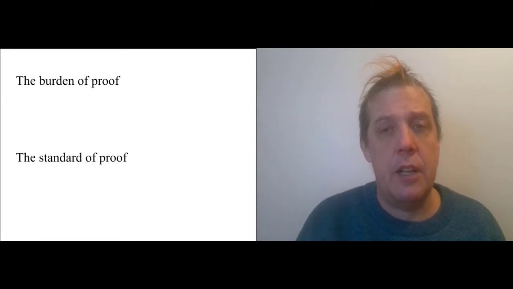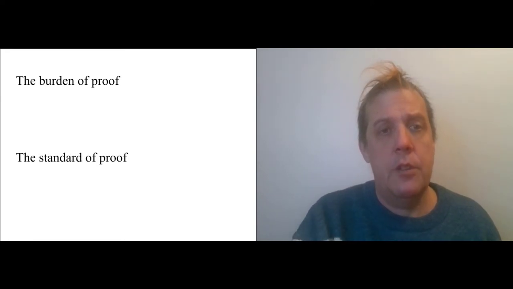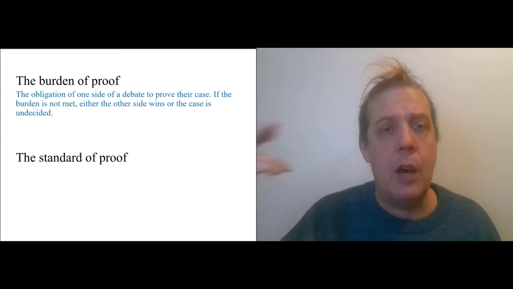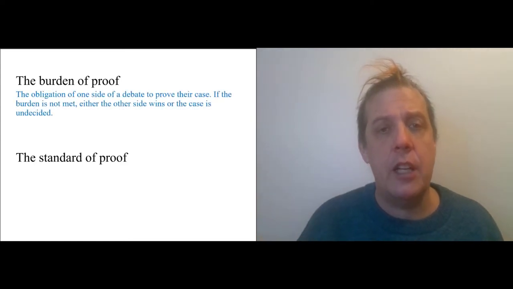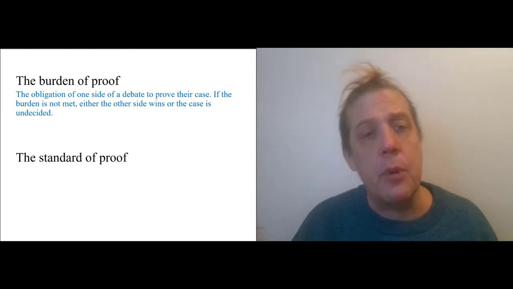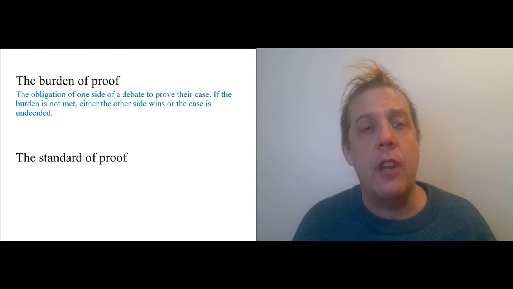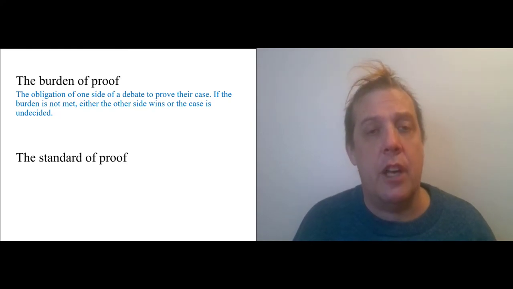To get a better sense of what this means, let's look at two additional concepts: the burden of proof and the standard of proof. So the burden of proof, it's a technical term, but it's pretty straightforward. It's the obligation of one side of a debate to prove their case. And then if the burden is not met, either the other side wins or the case is undecided.